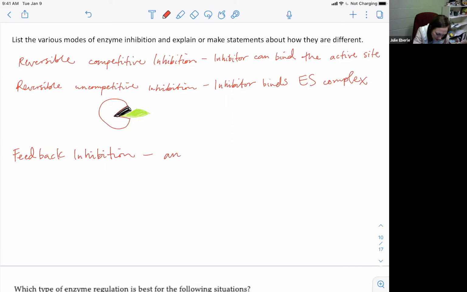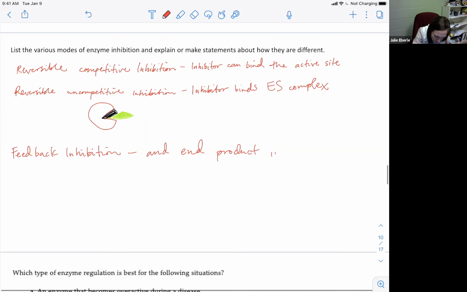So an end product inhibits an enzyme early in the pathway.